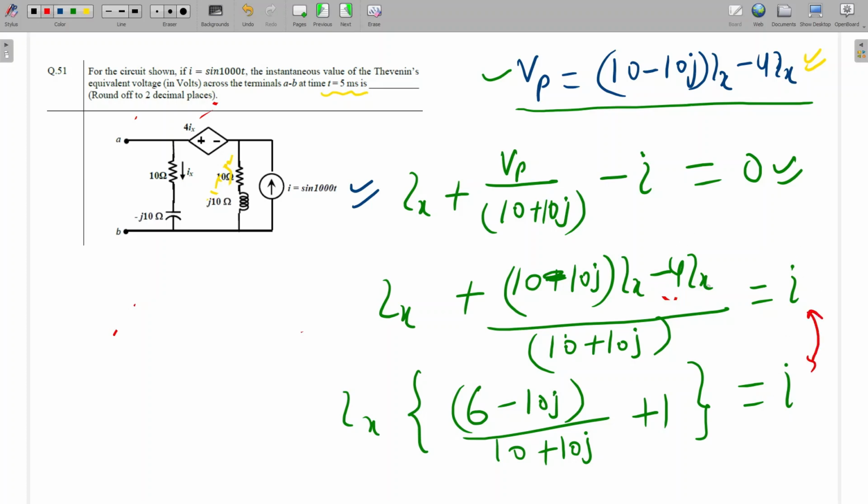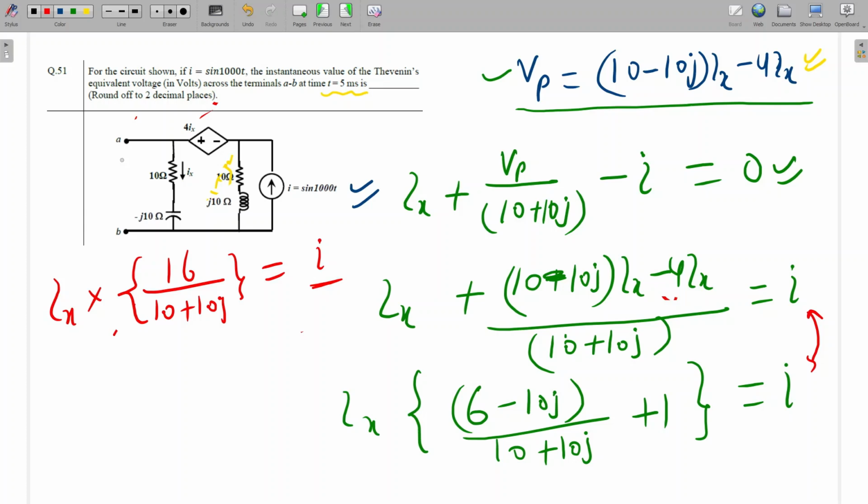See, I have taken Ix common. Further we can simplify this equation: here it will be 10 plus 10j at top, so 16 divided by 10 plus 10j, Ix into 16 divided by 10 plus 10j is equal to I. Is it clear? So what will be the Vx?